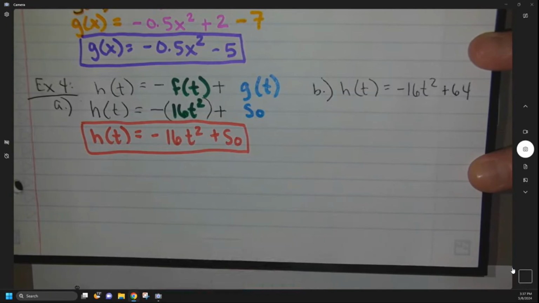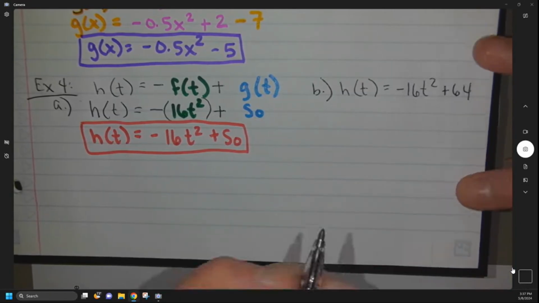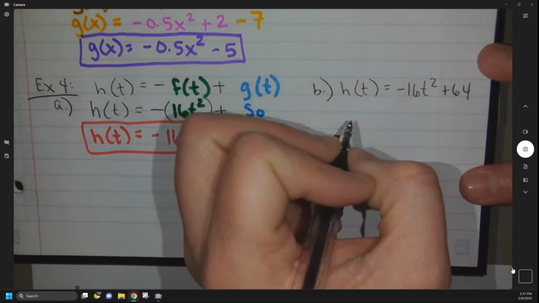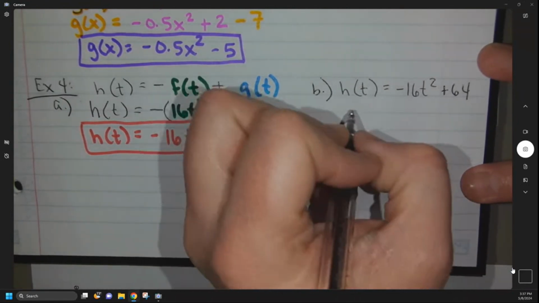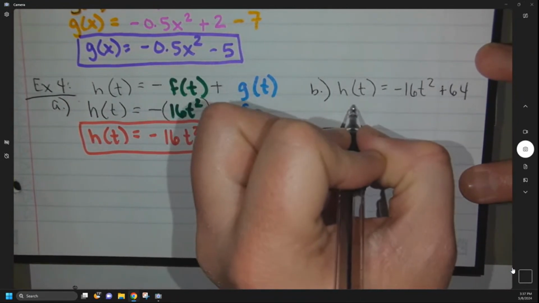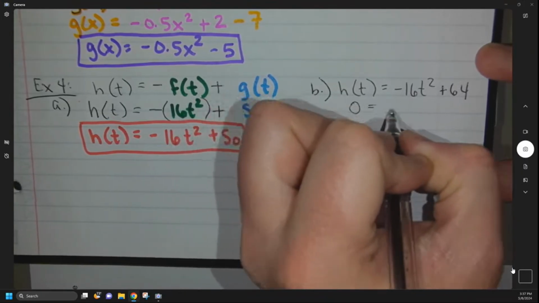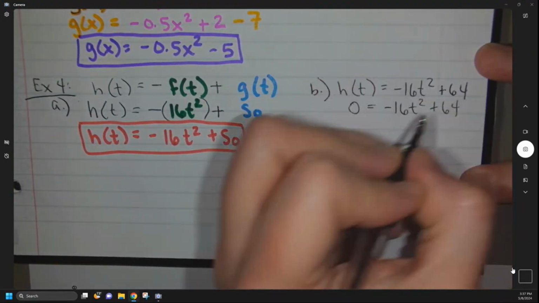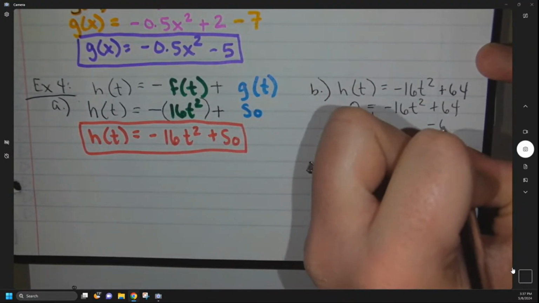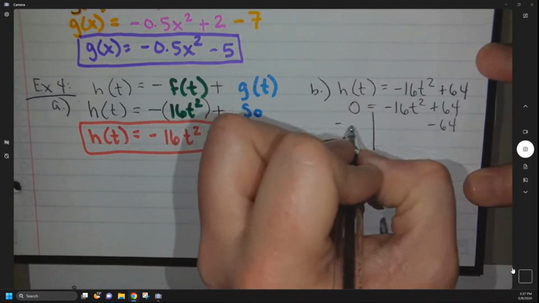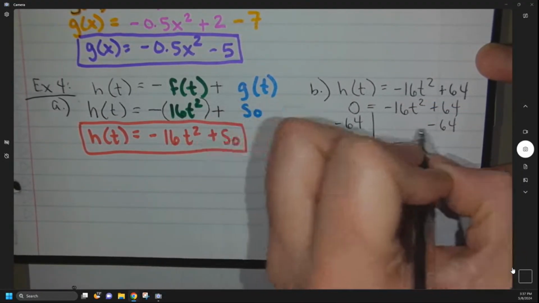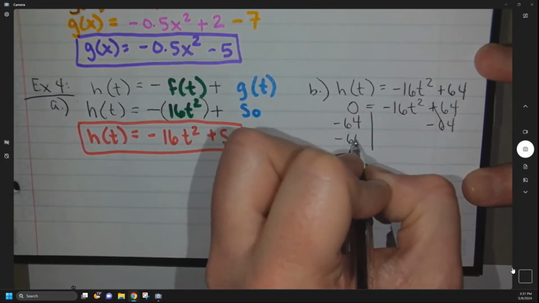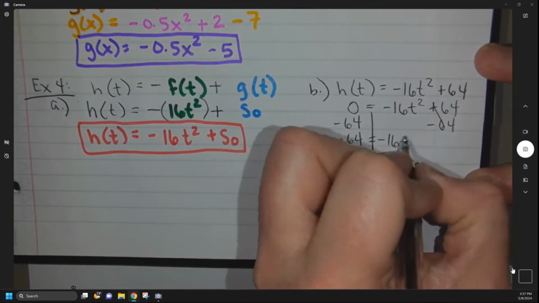So we could make a table. We could plot it and all that. We could do all those things. We also could take our function and plug in 0: 0 equals negative 16t squared plus 64. So we would subtract 64 from both sides. So we'd get negative 64 equals negative 16t squared.